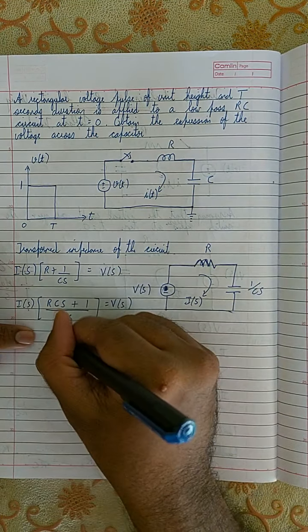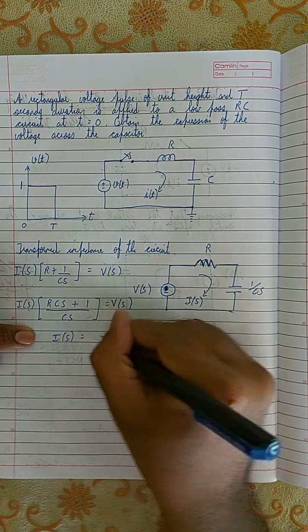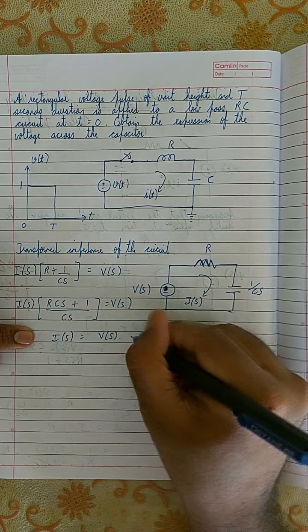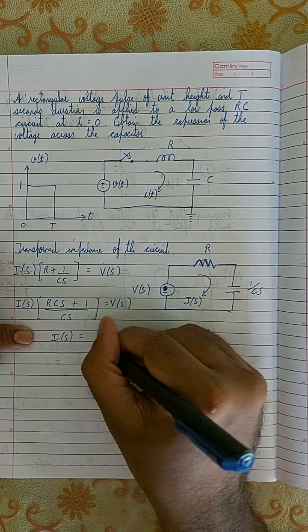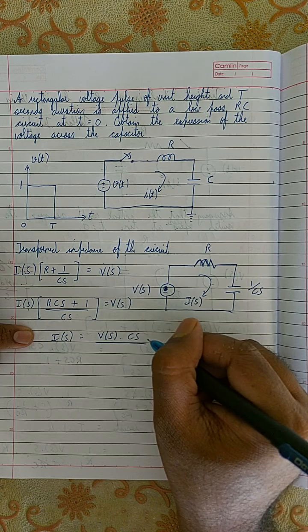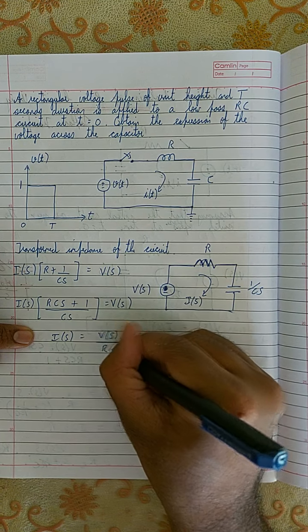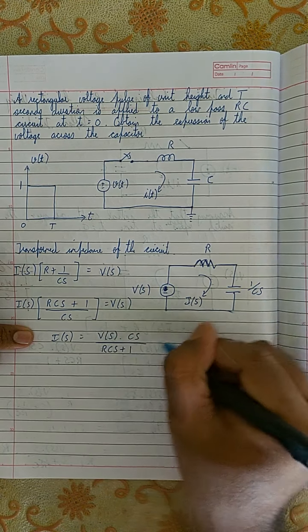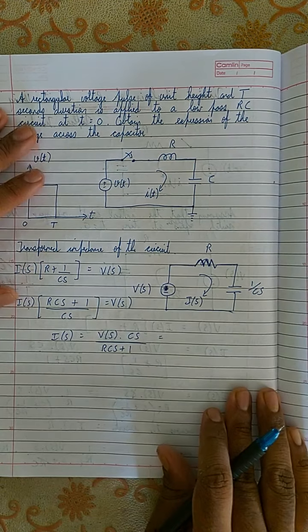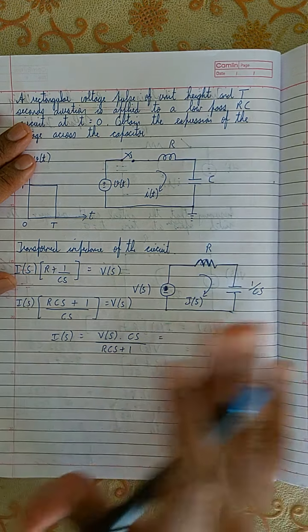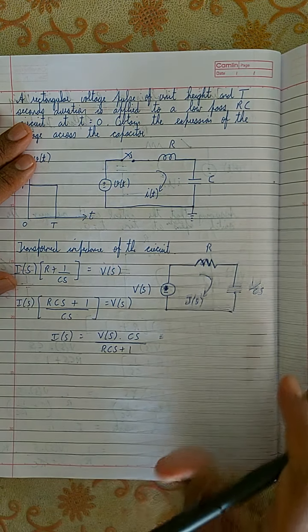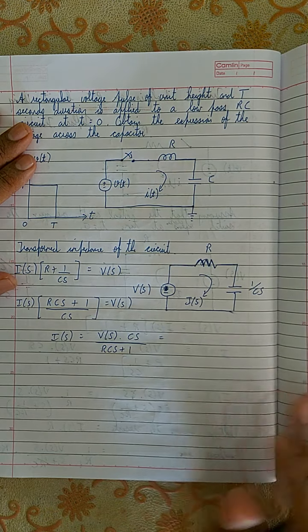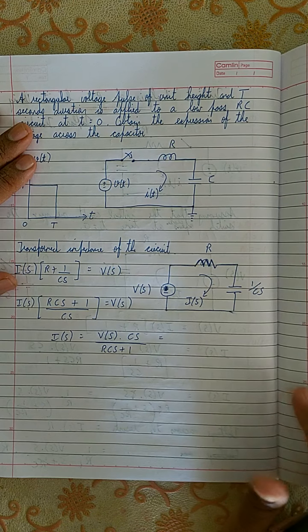And here in that case, I of S is equal to V of S into Cs by RCS plus 1. But like I said, in all the Laplace transform formulas that you have studied, in the denominator, if there is an S or S square, the coefficient is always 1, right?